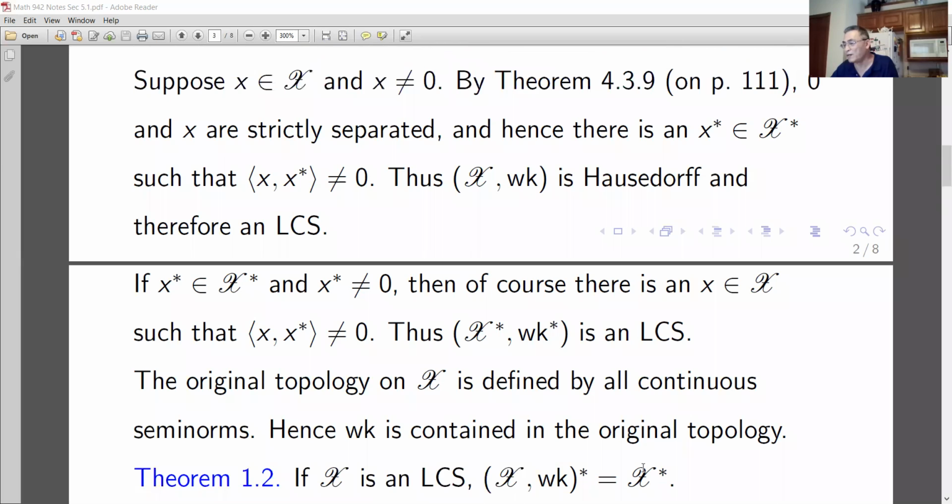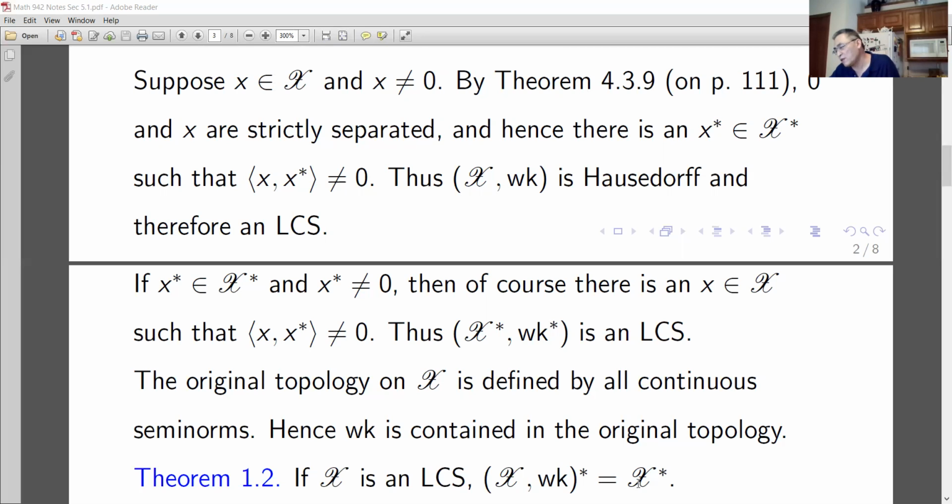So this equal sign just means they are the same as vector spaces. Here we are not talking about topologies because we don't have an original topology on X star.